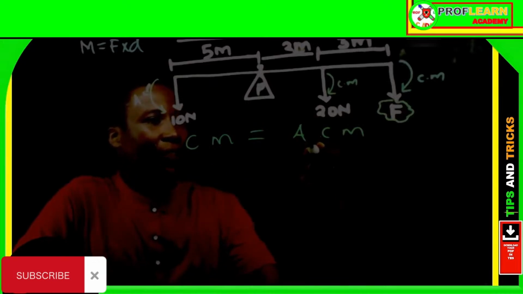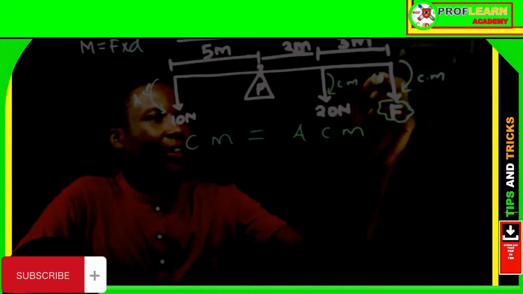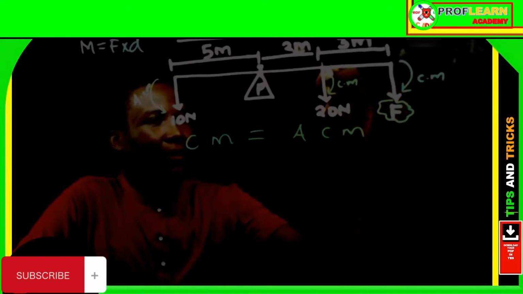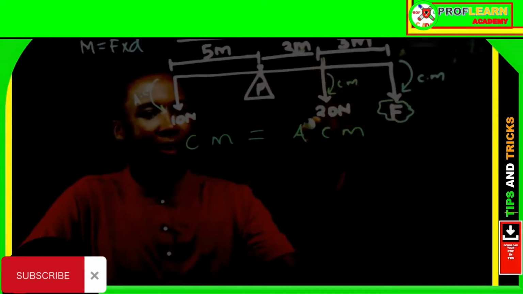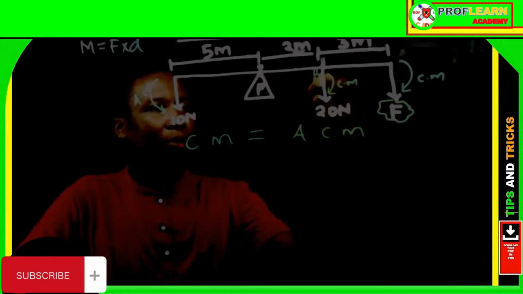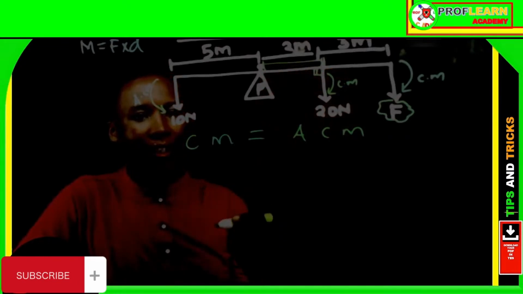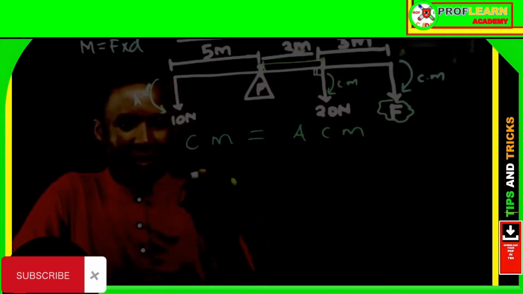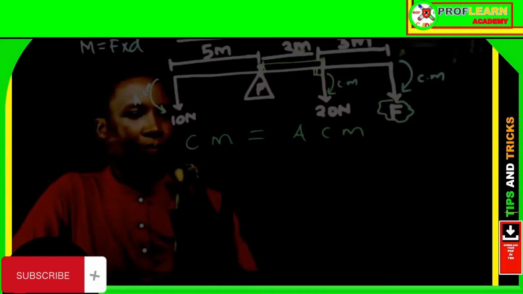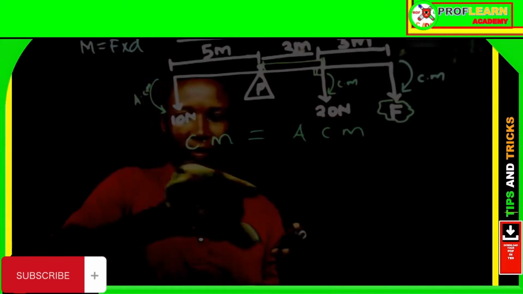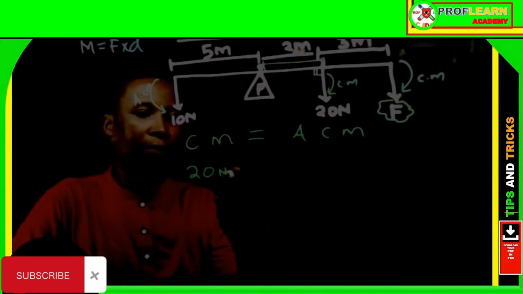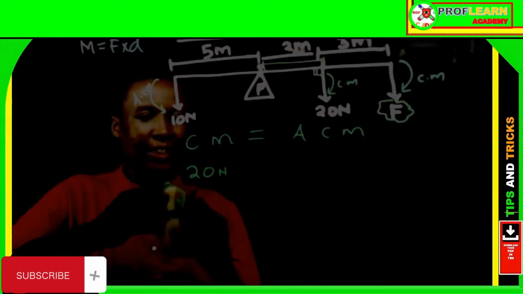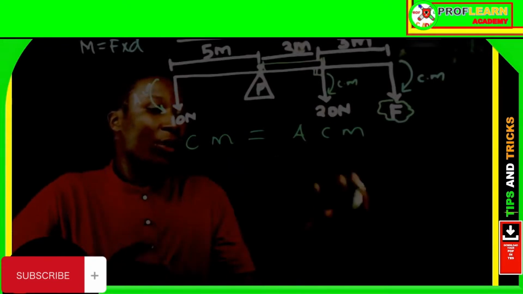So let us work the first one. The distance from where the force is acting to the pivot here is 2 meters. So this is going to be 20 Newton. Let us avoid writing the units because we know we are working out moment.